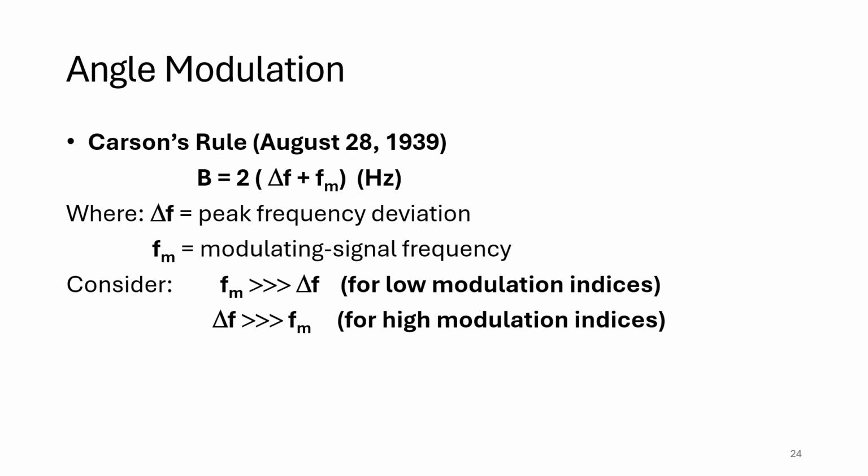According to Carson's rule, which was set August 28, 1939, the bandwidth is equivalent to twice the sum of the modulating frequency and the peak frequency deviation. As you can see here, we cannot see any relationship with the Bessel function.